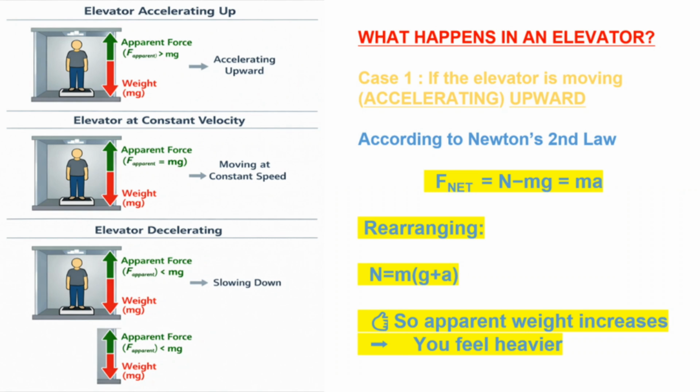So rearranging this equation will give us an equation for the normal force or the apparent weight of the person as mass times the gravitational acceleration plus the acceleration of the elevator.